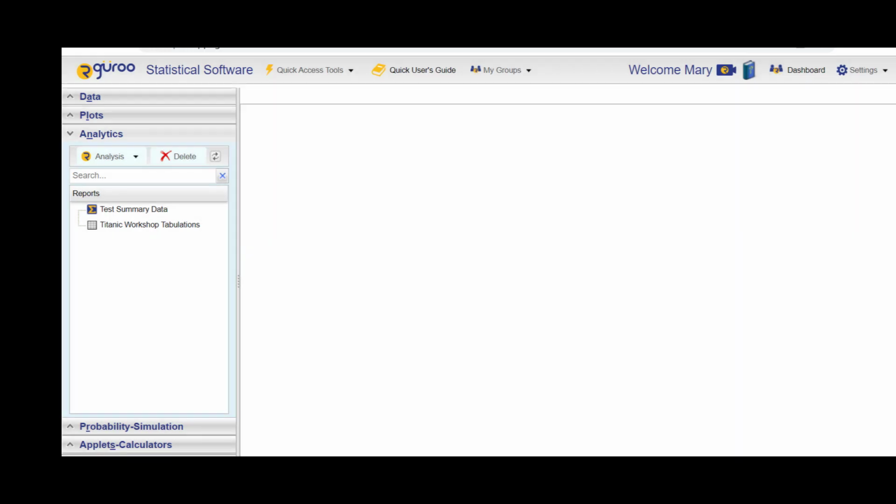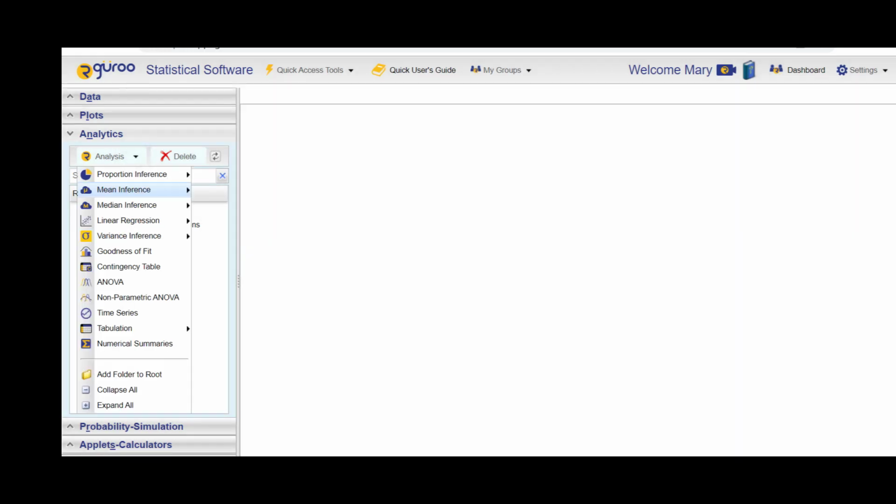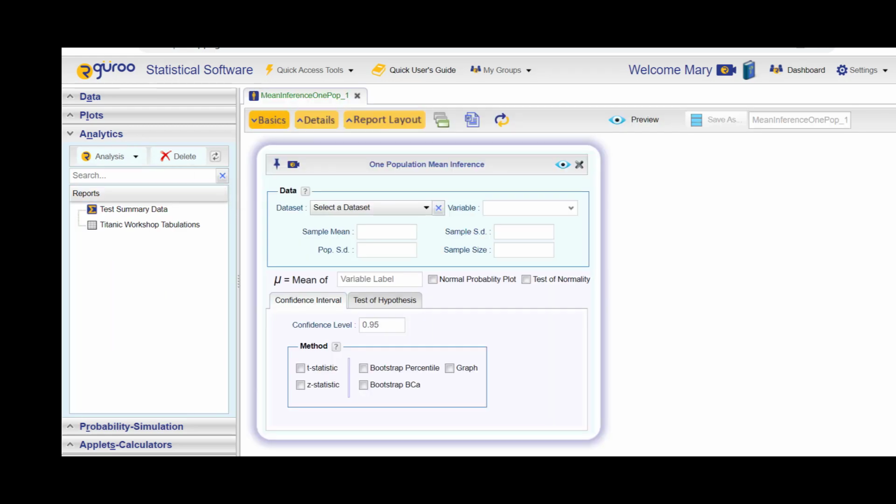All right, so we jump over here and we go to analytics. In the analysis dropdown, choose mean inference 1 population, and we enter our sample mean, which was 69.0, and the population standard deviation is 2.84, and our sample size is 300, and we're doing the mean height of older men.